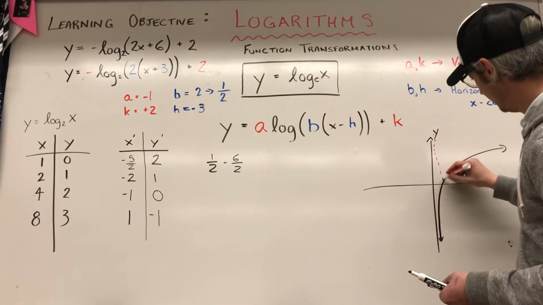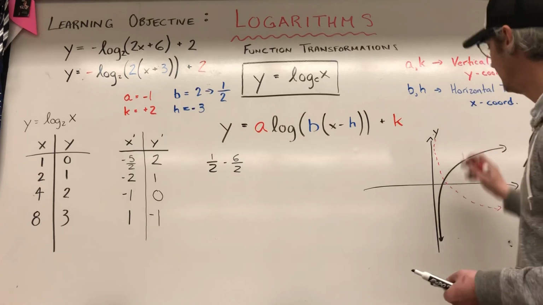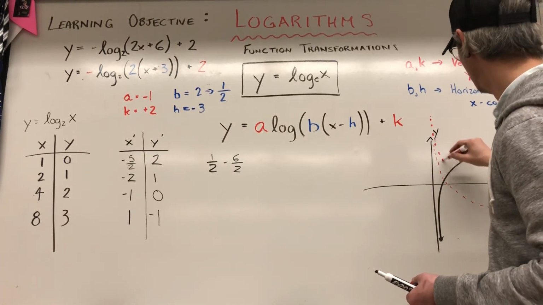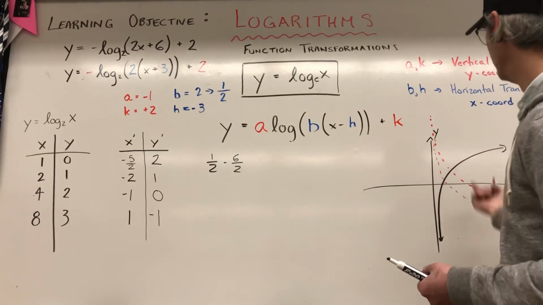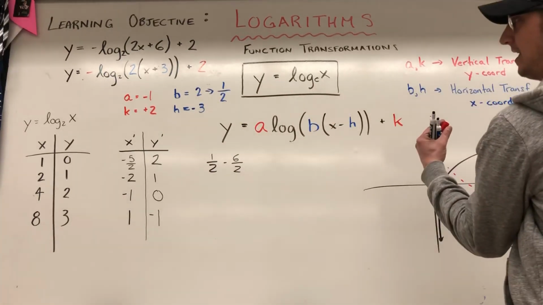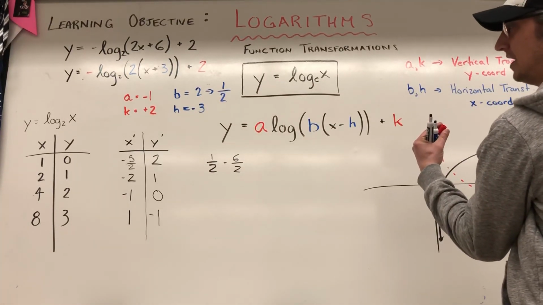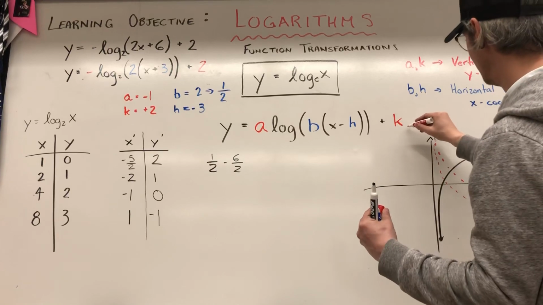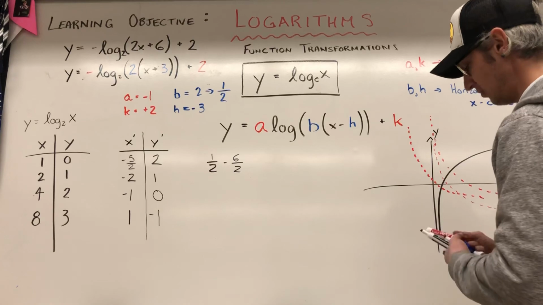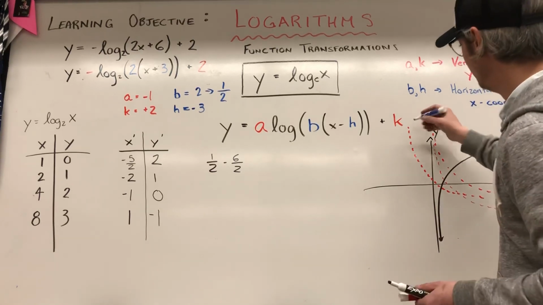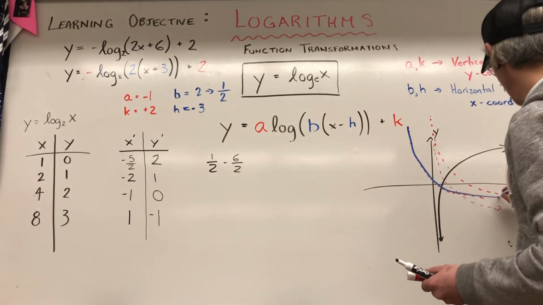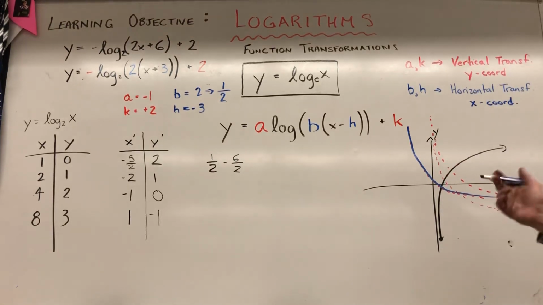So this was just my A, but then we move it up by 2, and then we shrink it horizontally and move it to the left. So it's going to look something like this at the end. I'm not a graphing calculator, and I refuse to be a graphing calculator. But it's going to look something like this.